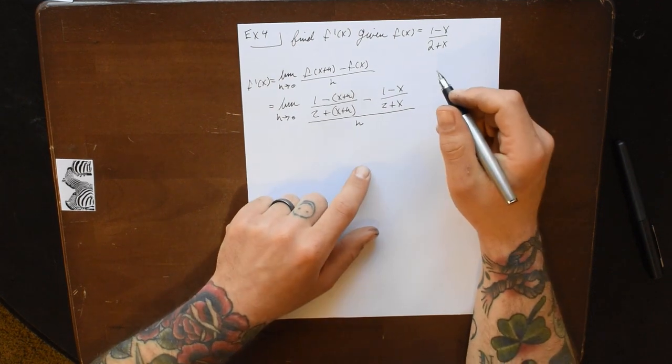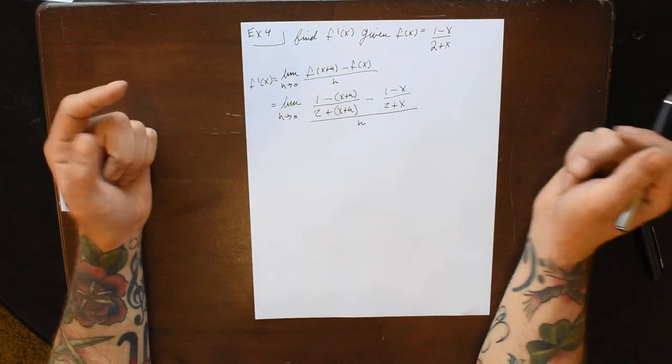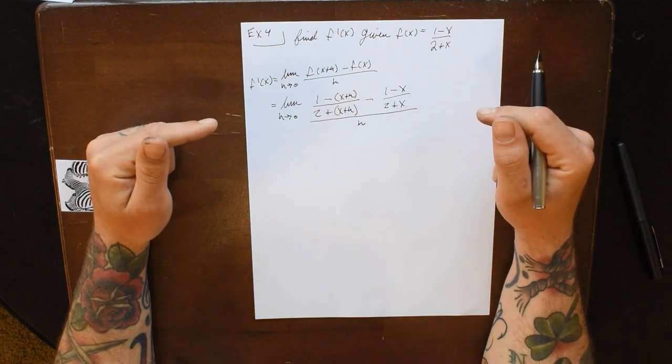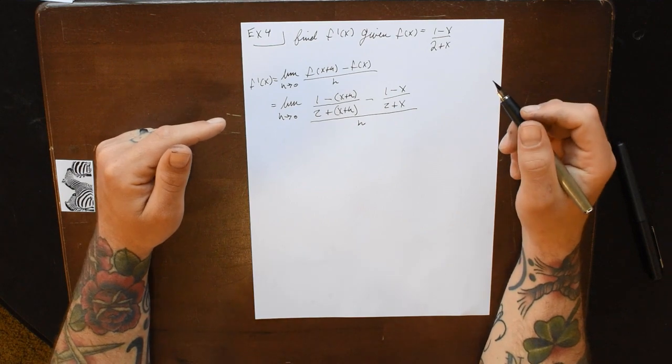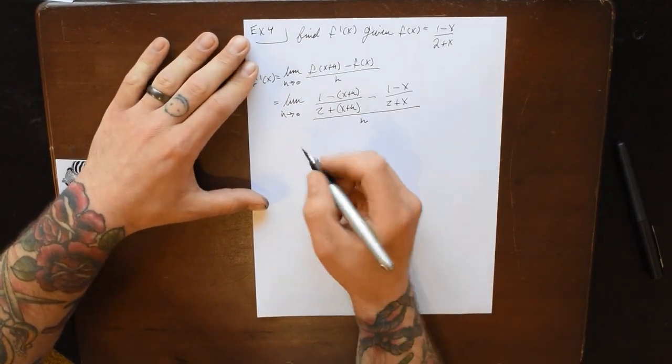Cool. So now what we need to do is we're going to have to put everything in this numerator on a common denominator, and then we're going to try and mess with it algebraically. Okay, so let's go ahead and do that.